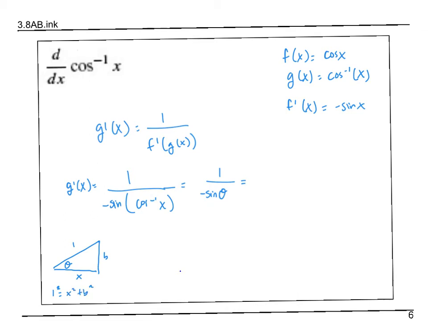Right, so if I move this around, b is equal to the square root of 1 minus x squared. So then negative sine theta comes out to be, I'll put the negative up top instead, negative 1 over square root of 1 minus x squared.